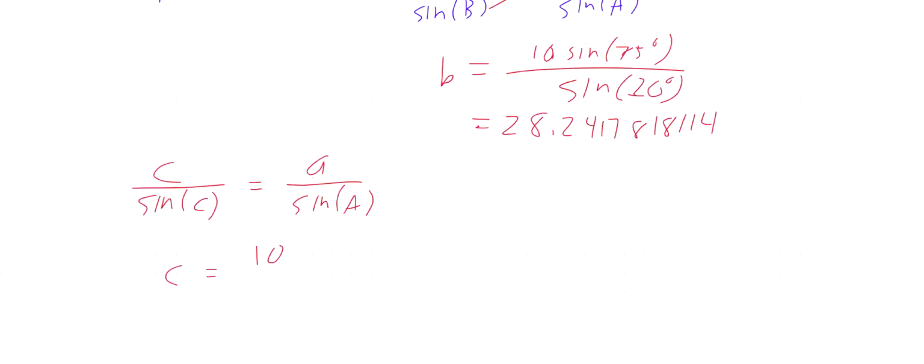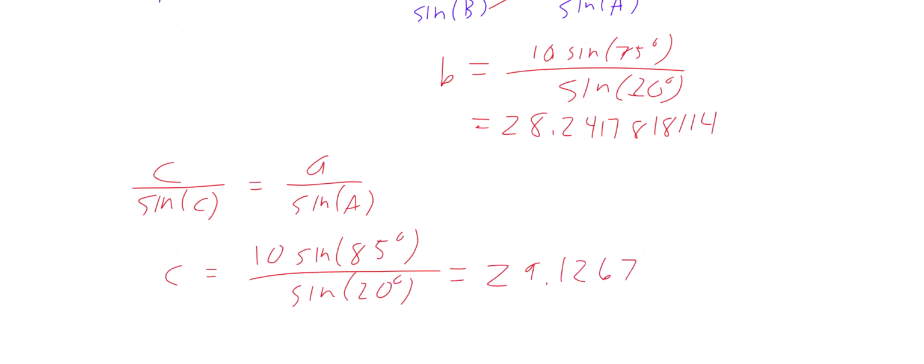So that's 10 times sine of 85 degrees over sine of 20 degrees. And this is roughly 29.12678441 units.